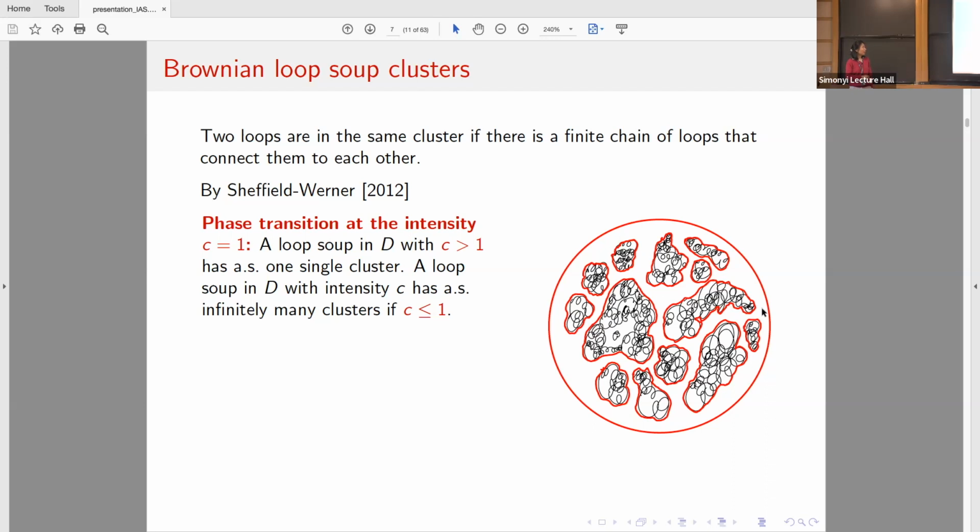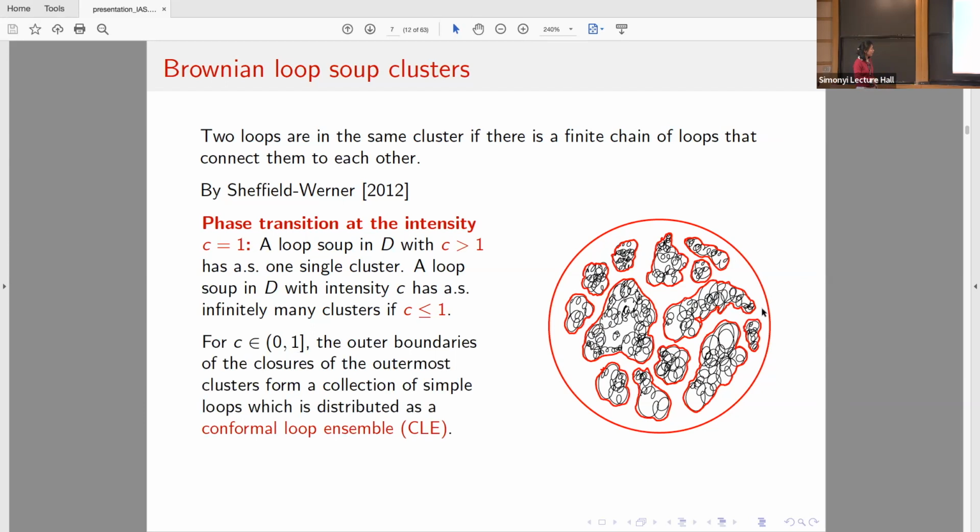If C is greater than 1, then in a domain D, say the unit disk, there is almost surely one single cluster. If C is smaller or equal to 1, then this loop soup will almost surely form infinitely many clusters. The picture I show you is in the subcritical or critical regime, where you have infinitely many clusters.